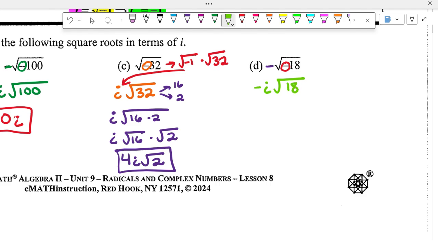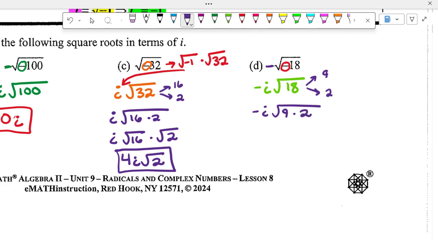Now we can simplify the square root of 18. So what's your first step, Owen? Factors of 18 where one's a perfect square. One factor of 18 is 9. And what times 9 gives you 18? 2. Good. So I'm going to rewrite this as negative i square root of 9 times 2.